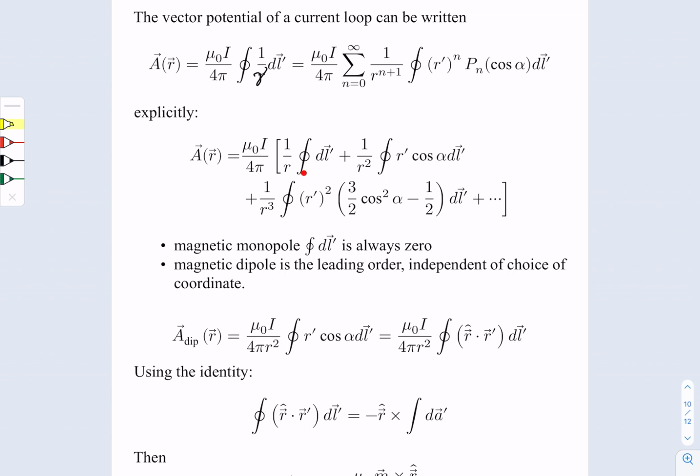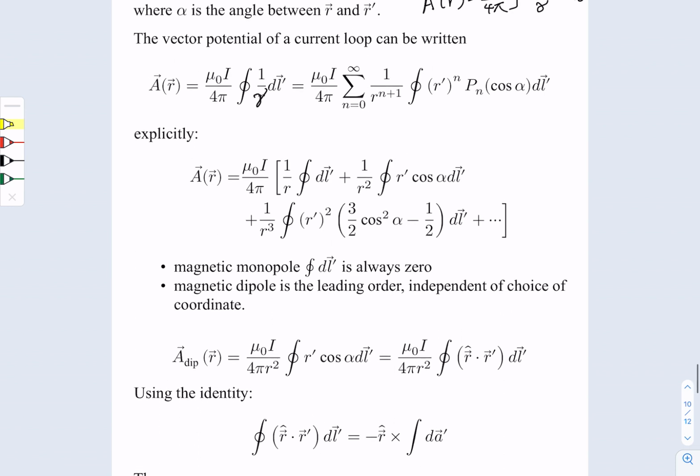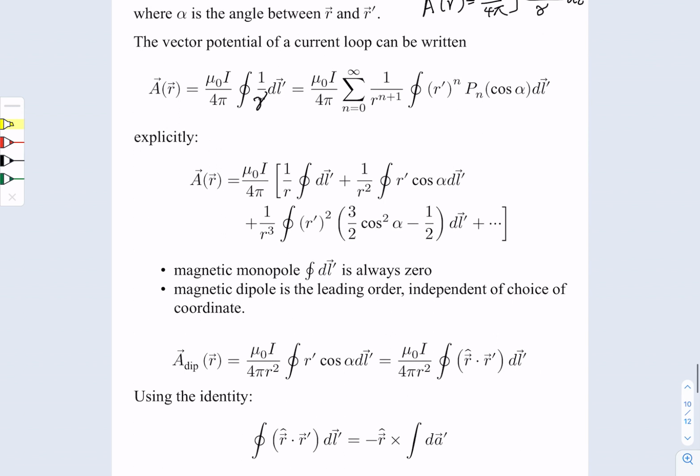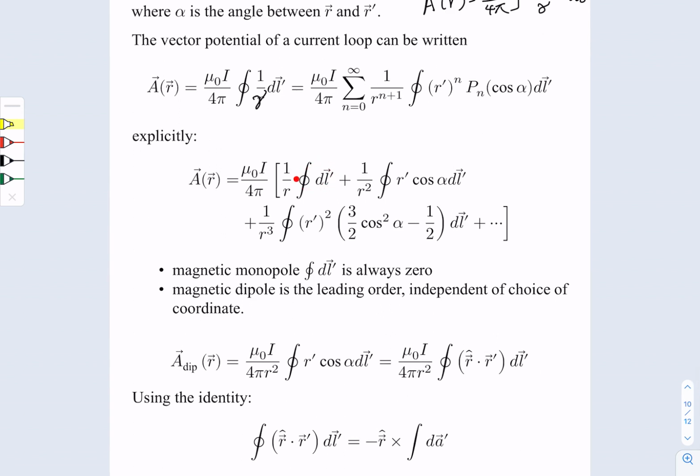So here the loop integral is always 0, right? So you don't have to worry about it. So the entire thing is a scalar. Let me see. Oh, it's 0 anyway. It's a vector, but it's a 0 vector.